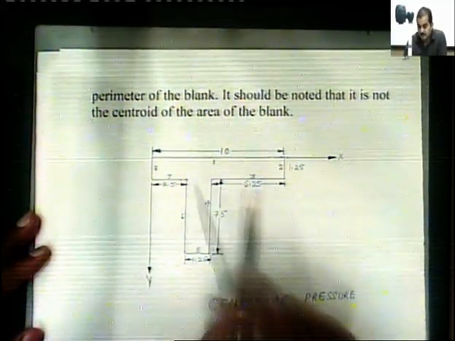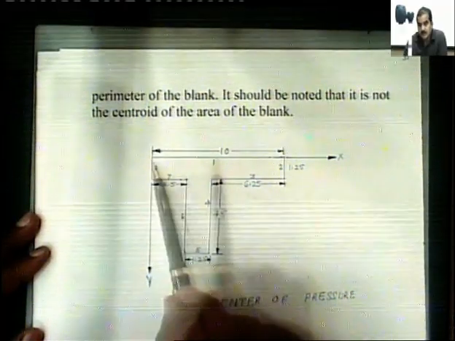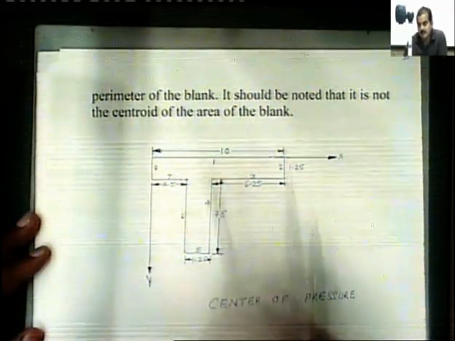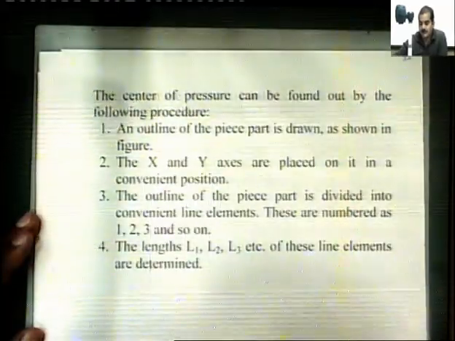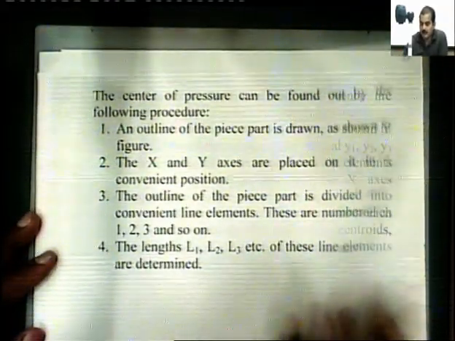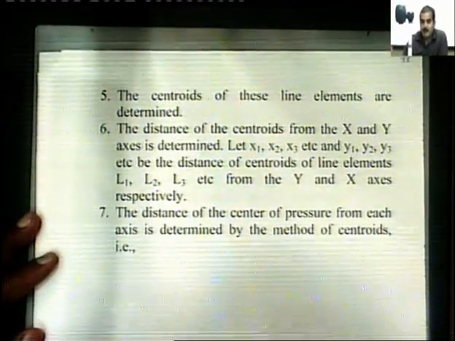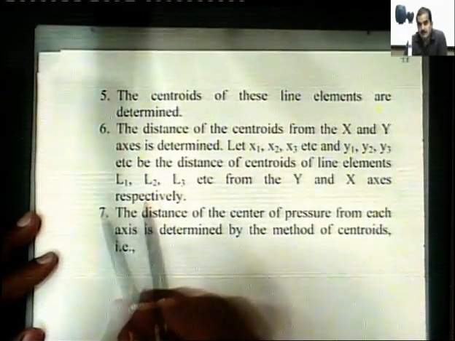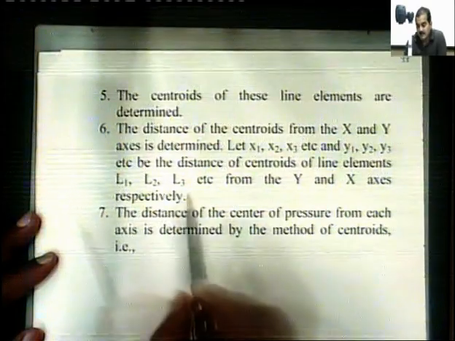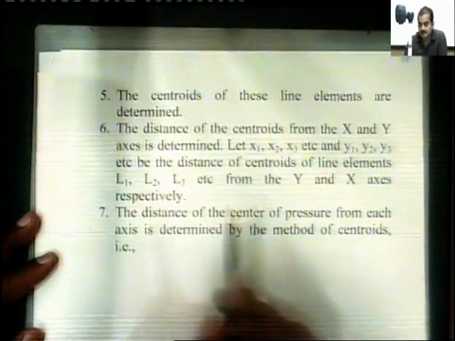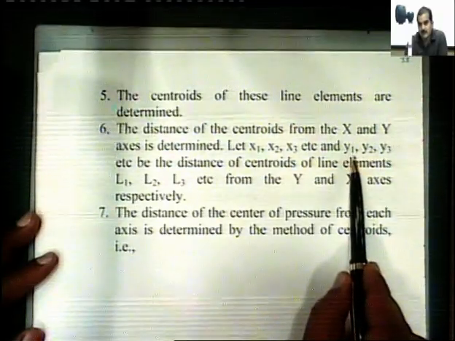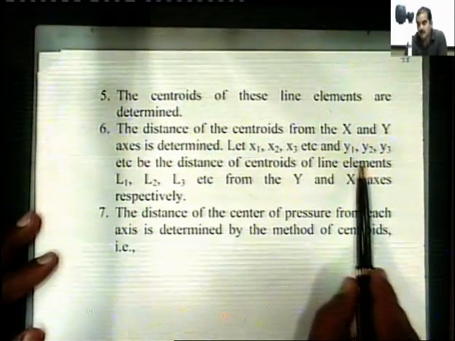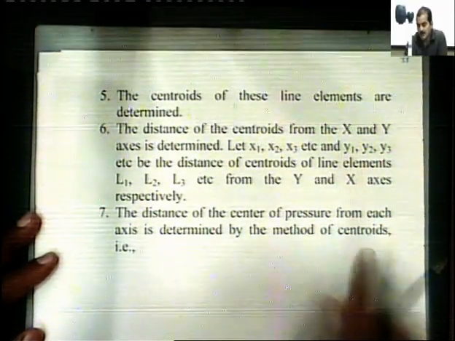Then the distance of the centroid from the x axis and y axis is calculated. Suppose x1 is the distance of the first line segment from the y axis, and similarly y1 is the distance of the centroid of the line from the x axis.